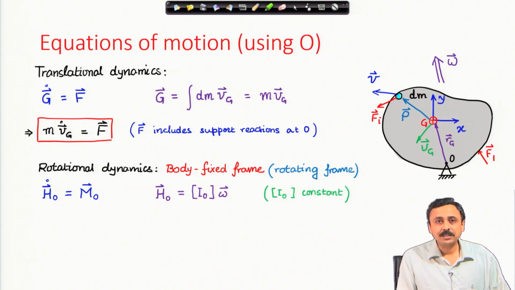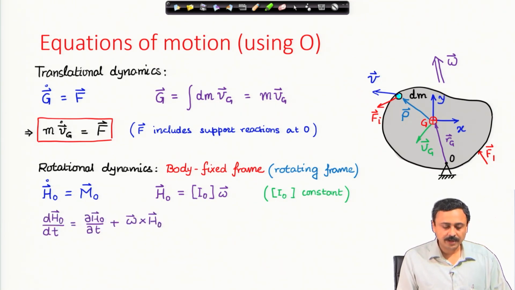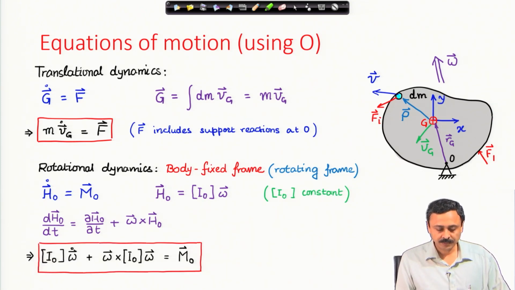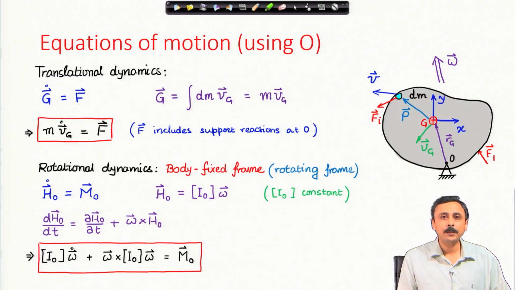If I fix the coordinate frame to the body, then I naught is a constant, and the rate of change of angular momentum about O is the local rate of change of angular momentum about O plus omega cross the angular momentum vector about O. And therefore, from these expressions I can find this equation. This is the rotational dynamics equation for a body rotating about a fixed point.